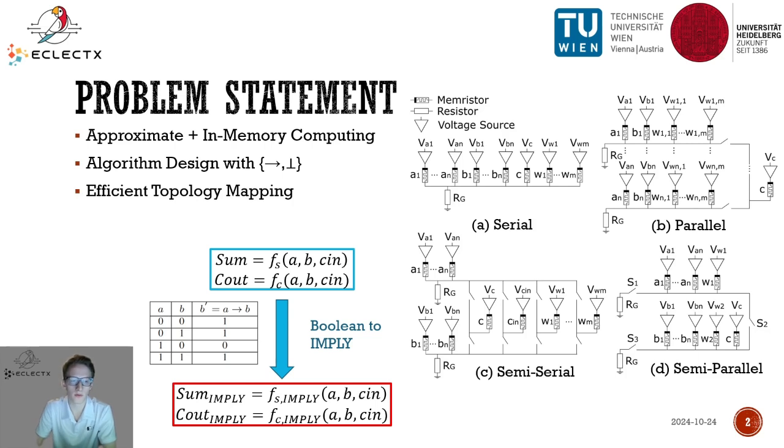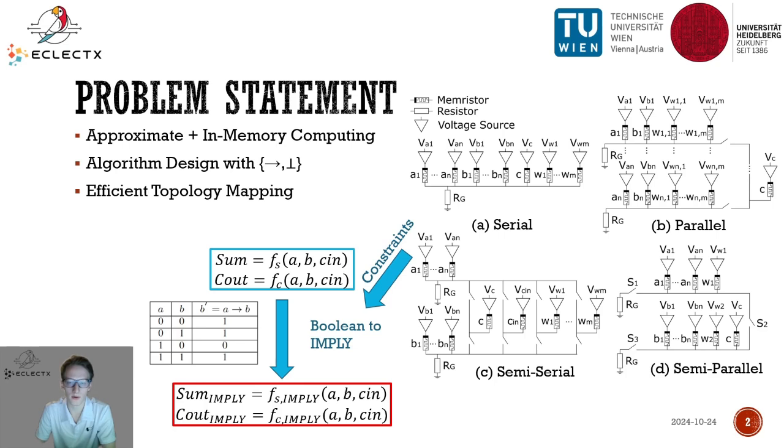Afterwards, we also wanted to do efficient topology mapping, because as you can see, there are very different topologies available for imply logic, and most of them were not really covered in the state of the art. So we want to do a little design space exploration and look at what approximated adders can actually be implemented on different topologies and what the differences are.